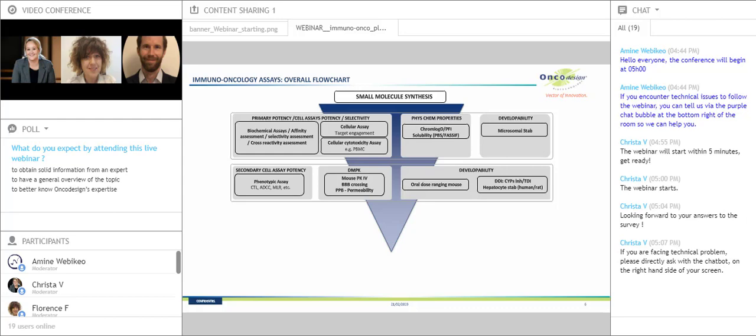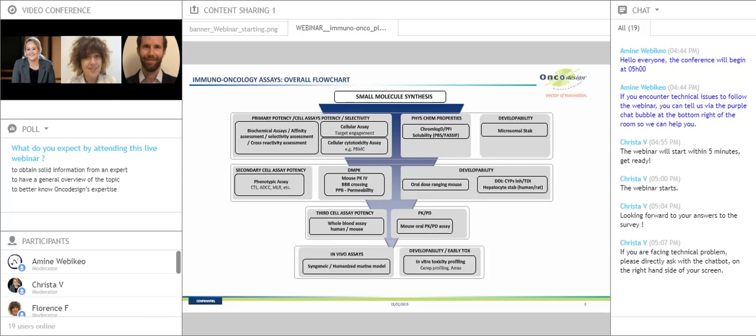Once you have molecules that go through these different phases, then you can include the third stage, which includes whole blood assays and pharmacokinetic and pharmacodynamic tests that will help you to predict the dose that will be used for the last stage of your program, which is the preclinical assay, in which you want to assess the efficacy of a compound in vivo. And of course, you have to start to think about the toxicity and the safety of your profile to anticipate the regulatory phase.